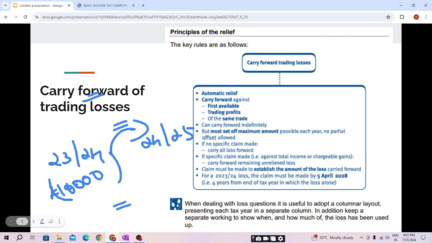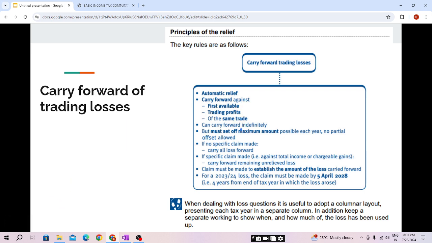And how will it be set off? Against the first available trading profit of the same trade. The first trading profit which is available will be set off against the same trade. So when we are carrying forward our loss, it will be set off only against trading income. Only trading income can carry forward indefinitely.